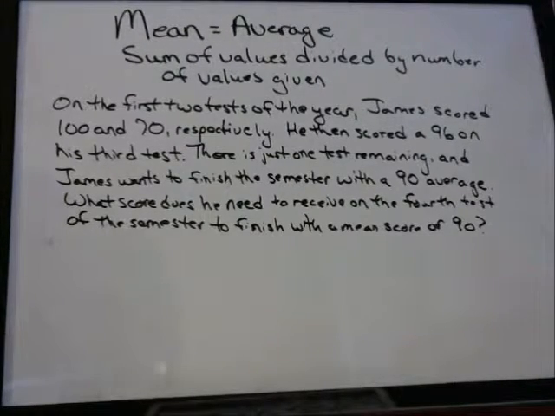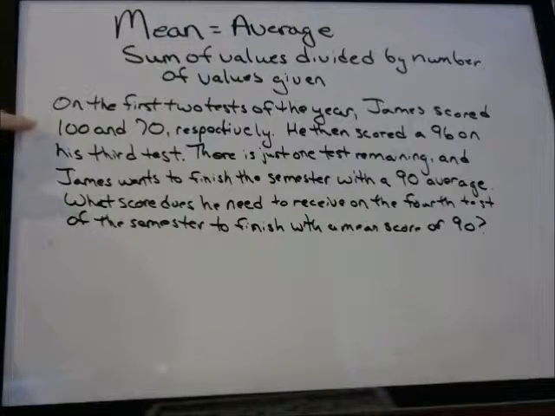Okay, I've put a new problem up on the board, and this is a word problem, which a lot of people, when they see a lot of words, they start to get panicked and confused, but don't let that happen to you. So you just need to read the question and probably reread it and pull out the relevant information. So this question says, on the first two tests of the year, James scored 100 and 70 respectively.